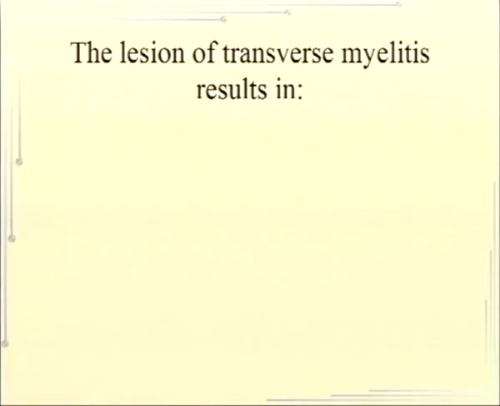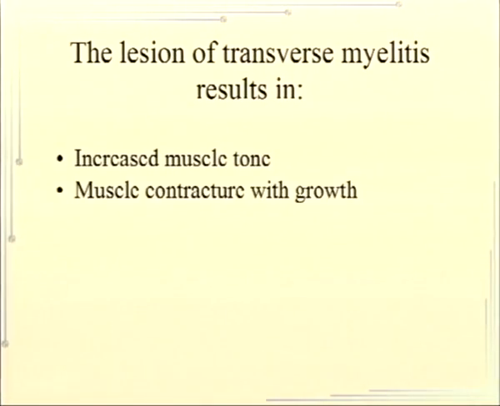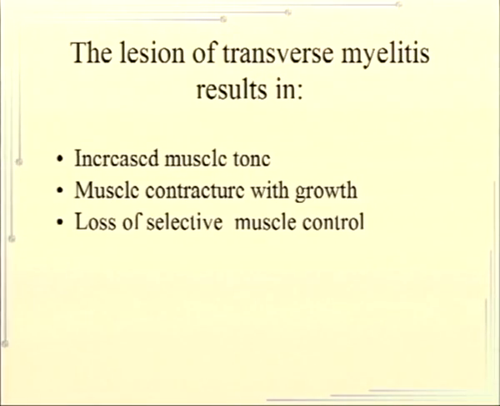So the lesions of transverse myelitis, in terms of motor disability, result in increased muscle tone, and this is the spasticity that we talked about yesterday. Muscle contracture with growth or with time is possible. Loss of selective motor control, in other words, the ability of the brain and central nervous system to tell your muscles which are needed for walking when to contract and when to relax.